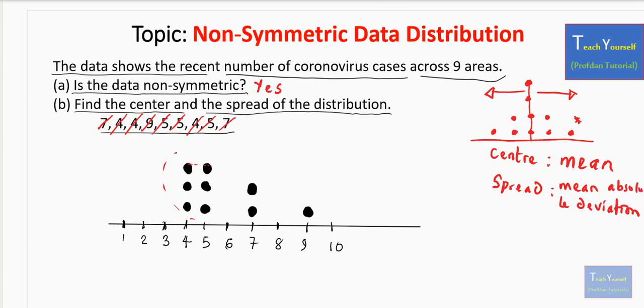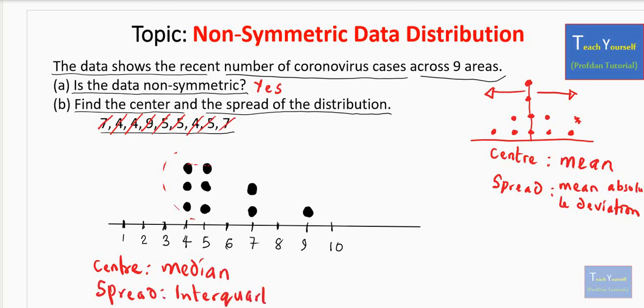But for a non-symmetric data distribution, this is very important for you to know. For the center, you use the concept of median, and for its spread, you use what we call the interquartile range. You can check our previous video on quartiles where we treated the interquartile range.